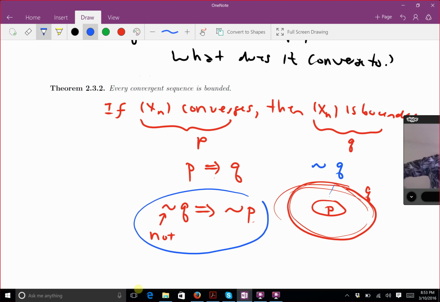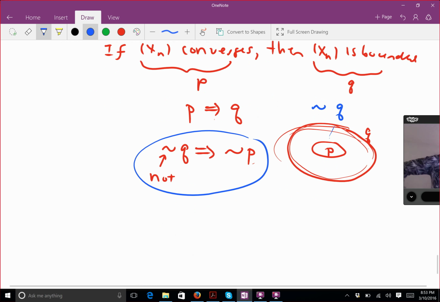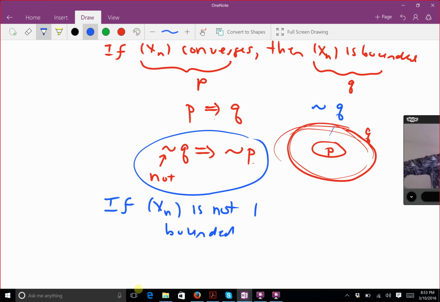Here's how we use this. If x sub n is not bounded, then what can we say? x sub n does not converge.